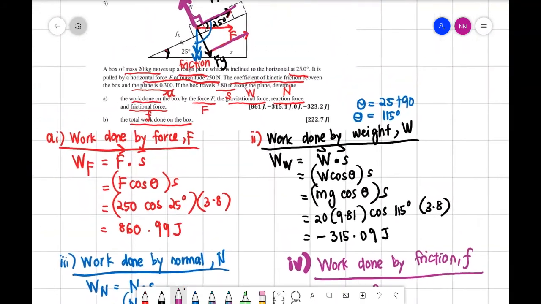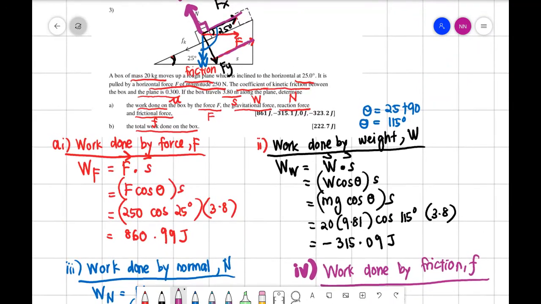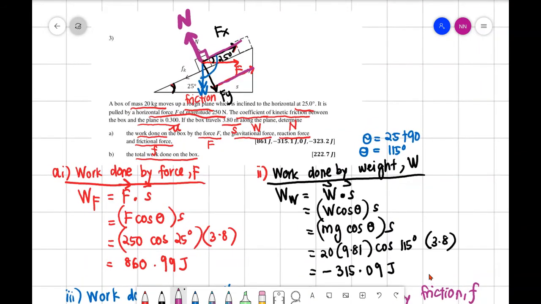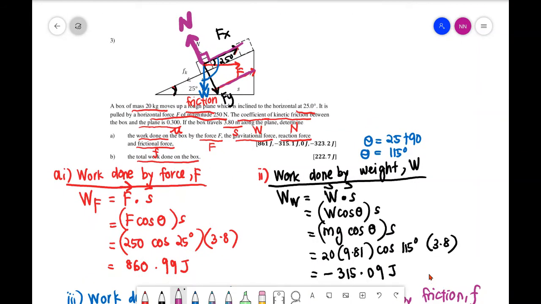This question gives you the mu, the coefficient, but it doesn't give you the frictional force. So we have to find the value of friction by using the formula: friction equals mu times normal.